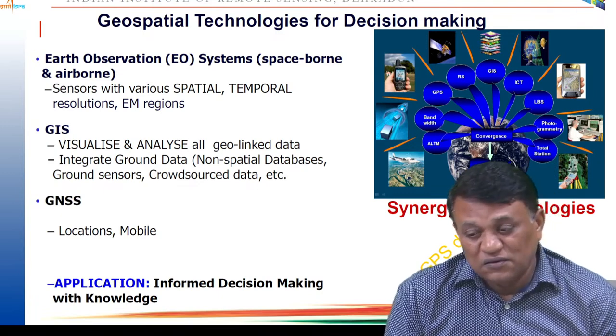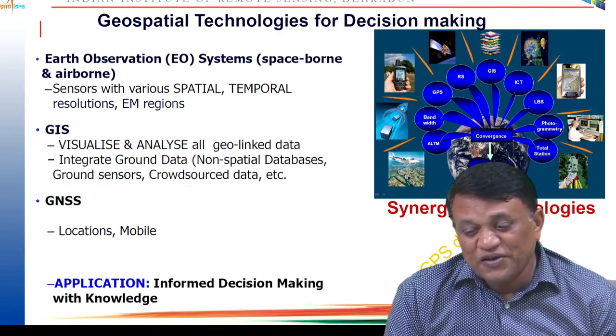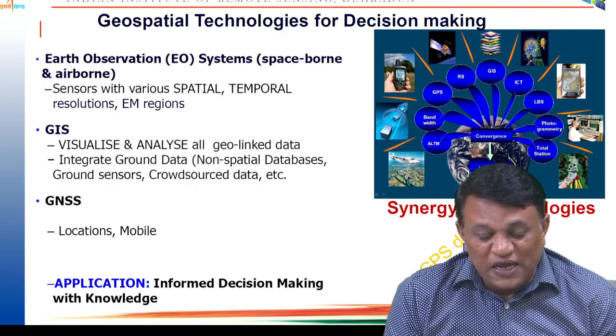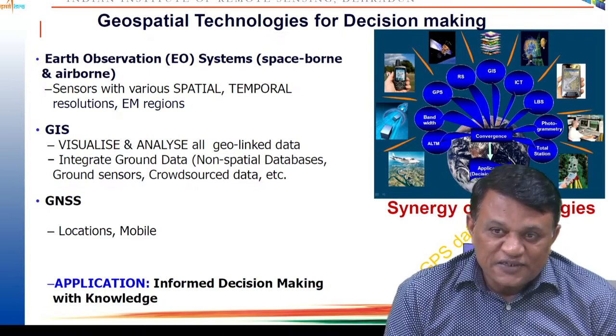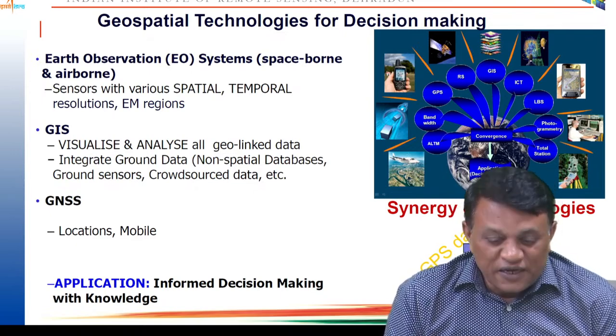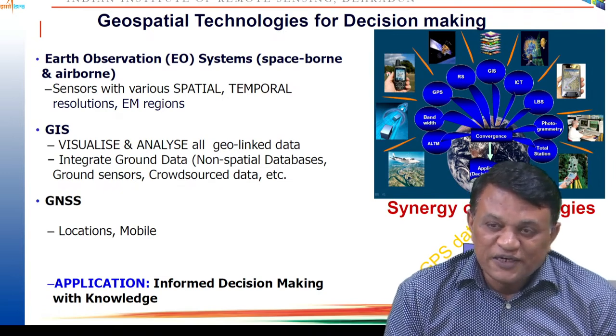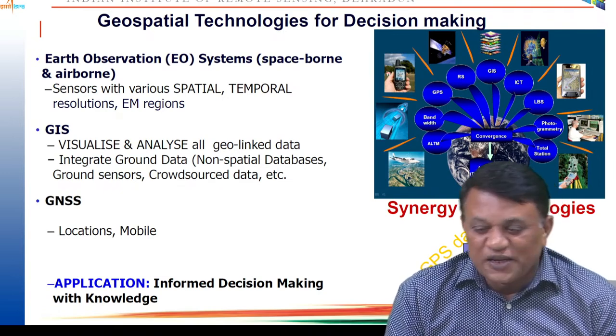So all these GNSS are very much utilized for precision agriculture also, to tailor crop and soil related inputs according to variability in the soil.